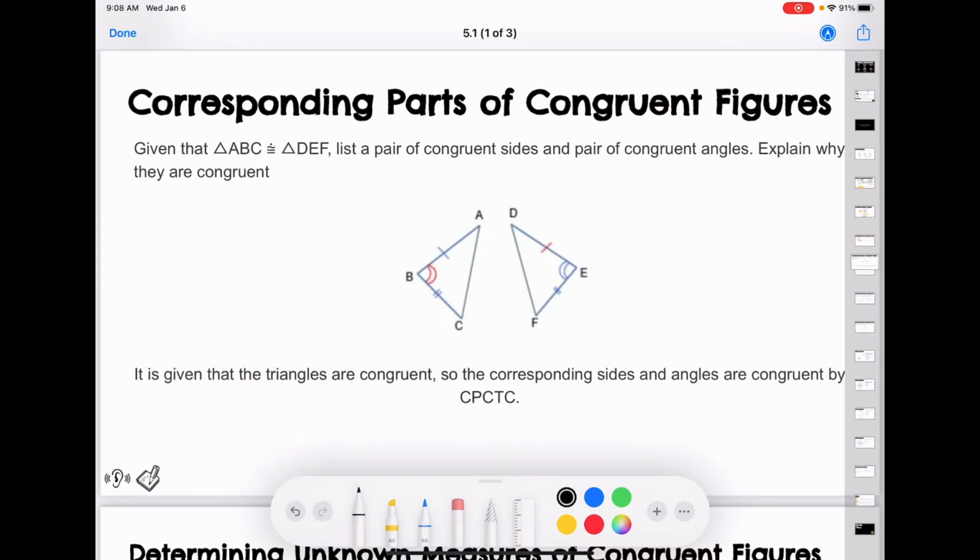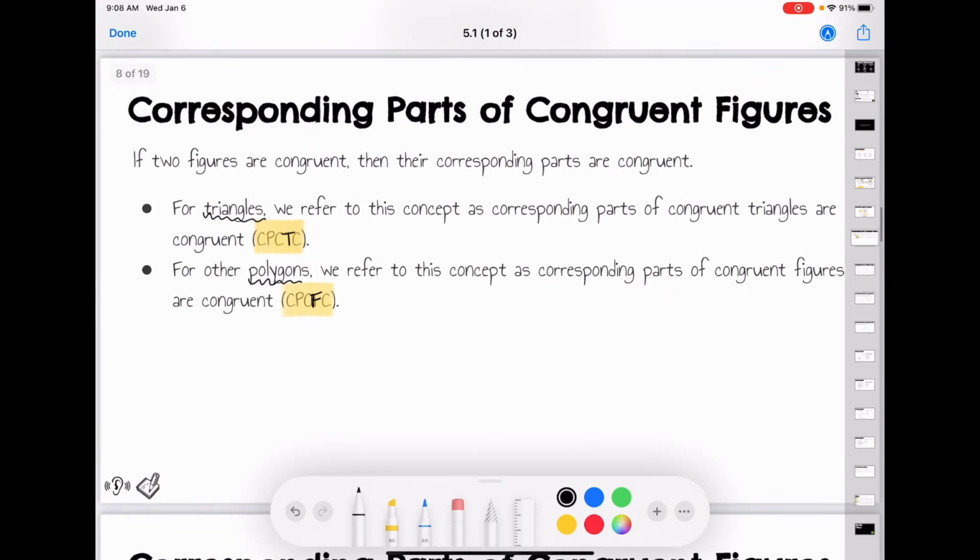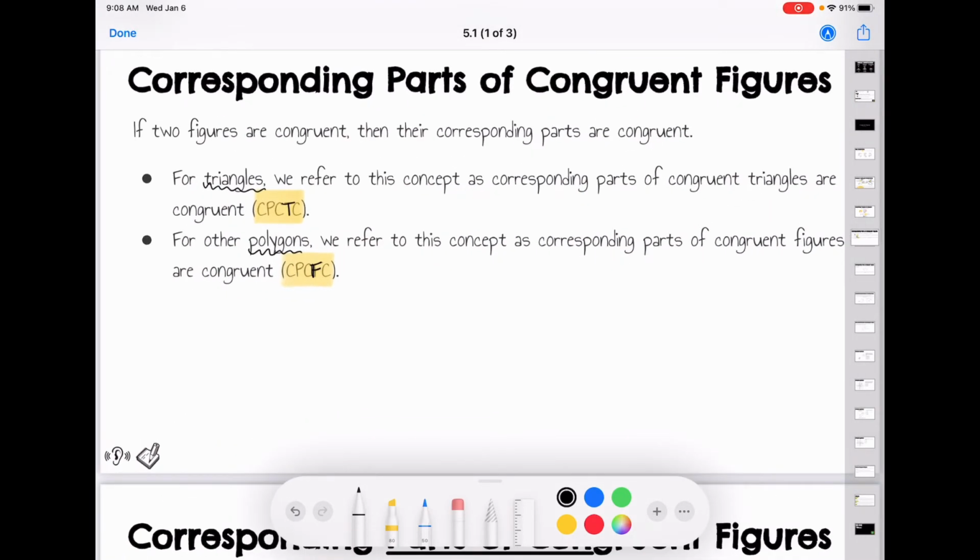We are told, given that triangle ABC is congruent to DEF, list a pair of congruent sides and a pair of congruent angles. Explain why they are congruent. Well, here we have two congruent triangles. We refer to their corresponding parts as CPCTC.